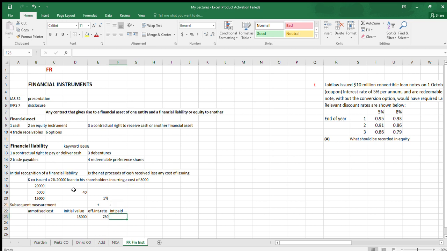So negative 40. And this will run through until the question tells you to stop. Normally it is always 2 years or 3 years, so let's do it 3 years. Now we have our balance carry forward. So you add it.